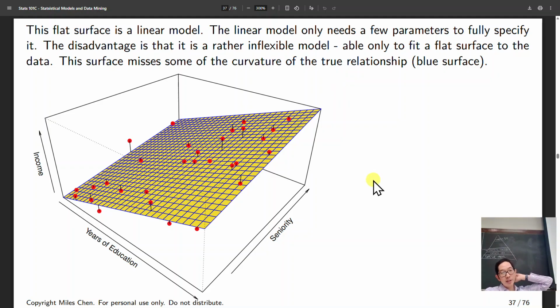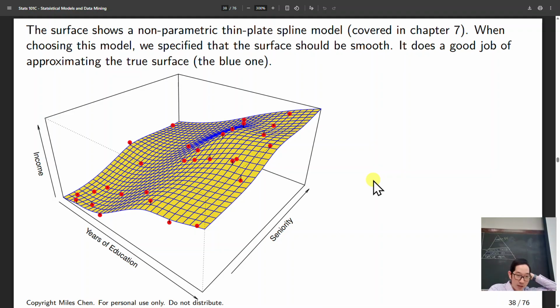And then on the other end, okay, here is a non-parametric model, okay? This is what we call, I guess, a thin plate spline model, all right, a spline model here. And we just said, hey, try to find a smooth, curvy surface that fits the dots as well as you can, okay?